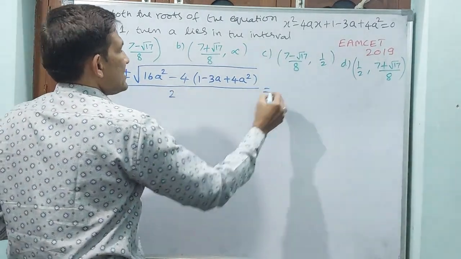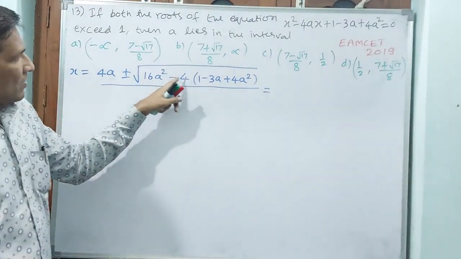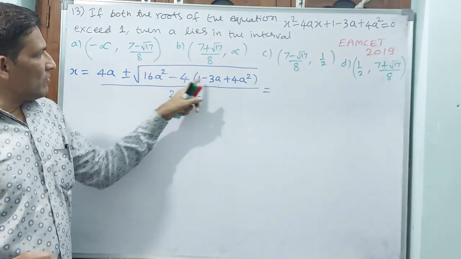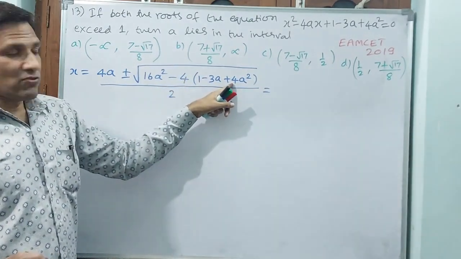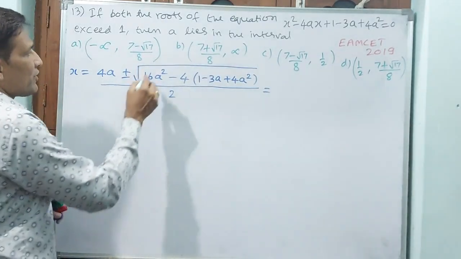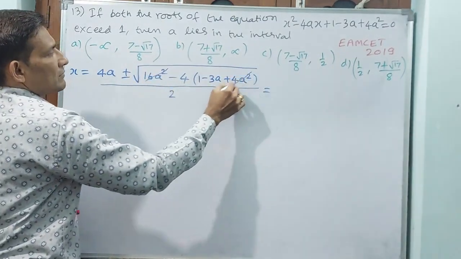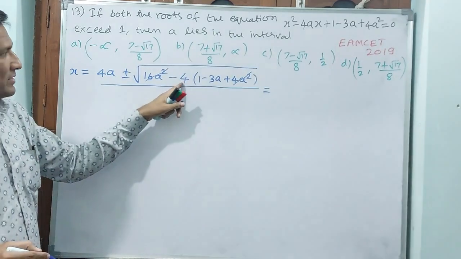Now proceed. See here, minus 4 plus 12a minus 16a square. Minus 16a square plus 16a square is going to get cancelled out. Outside 4 is there, but minus is there.